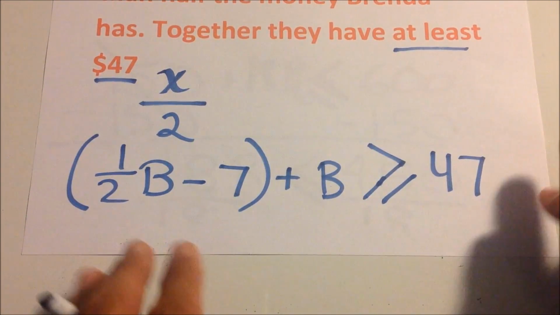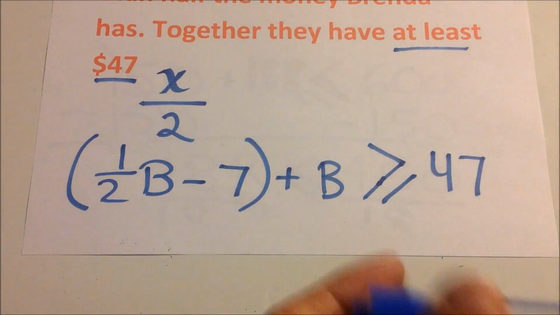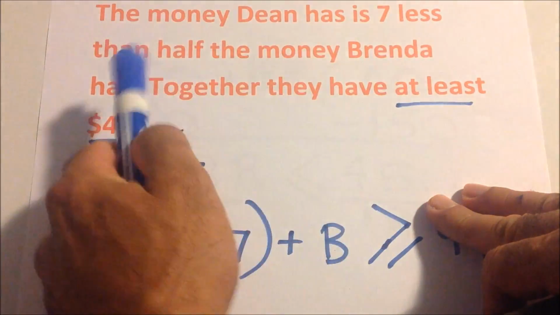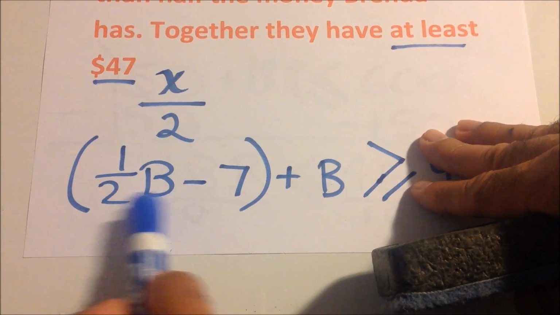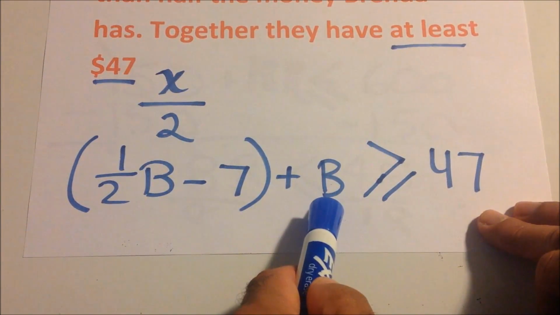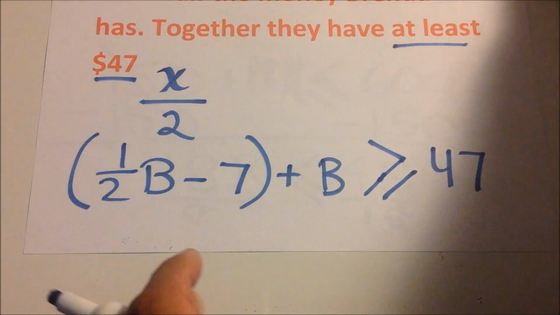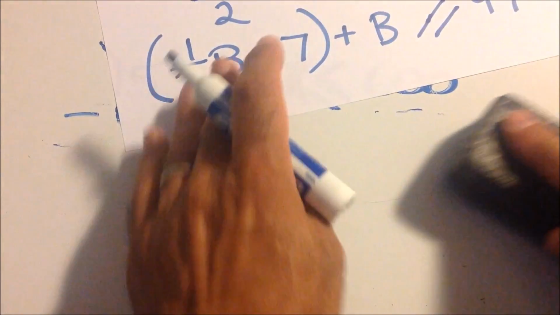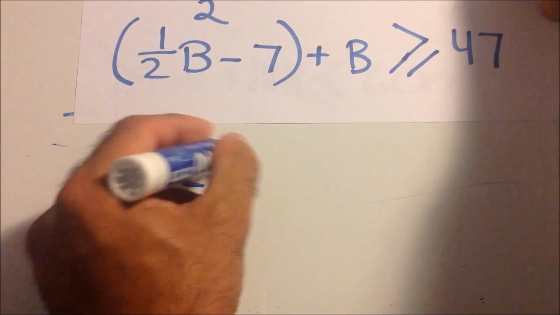Okay, now what do we do from here? Let's go over this again. Again, we're saying that Dean's money is 7 less than what? Than half of Brenda's money. So here's half of Brenda's money minus 7, because it's 7 less than. And then there's Brenda's money. Together, they have 47. So we can combine like terms here. Half B plus B is 1.5B.